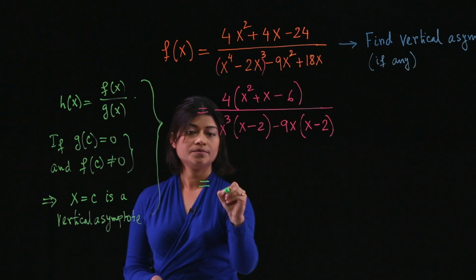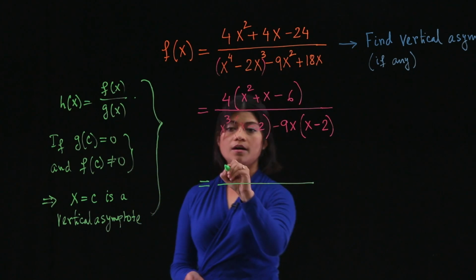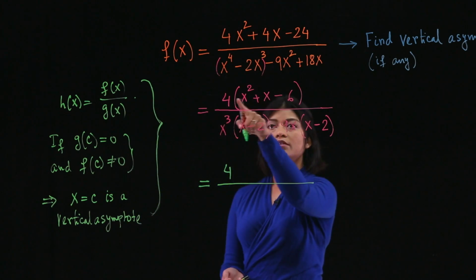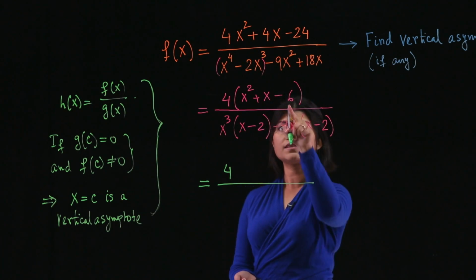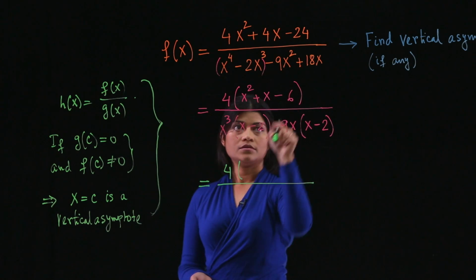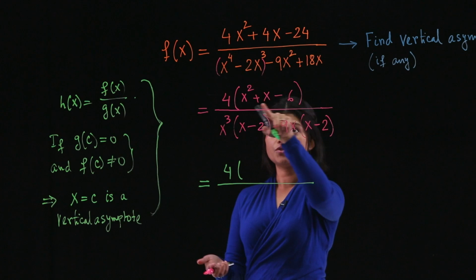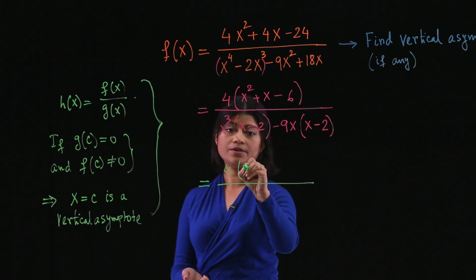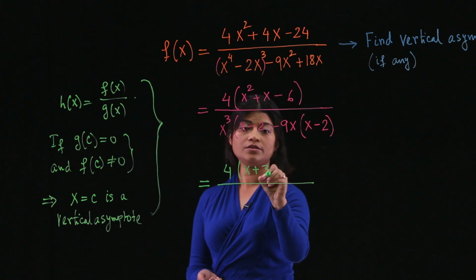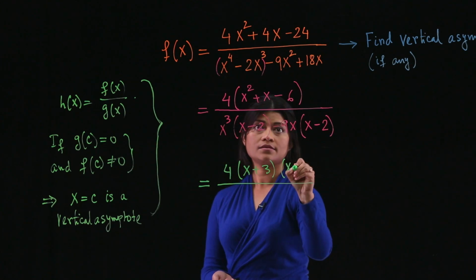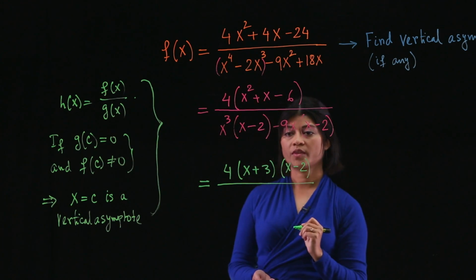All right, so let's continue. In the top, let's factor x squared plus x minus 6. 6 is 3 times 2. This is positive, so you will have x plus 3 and x minus 2.